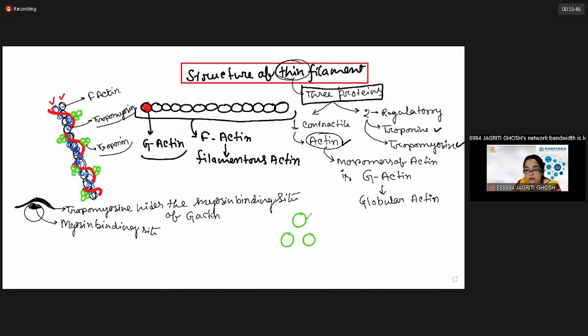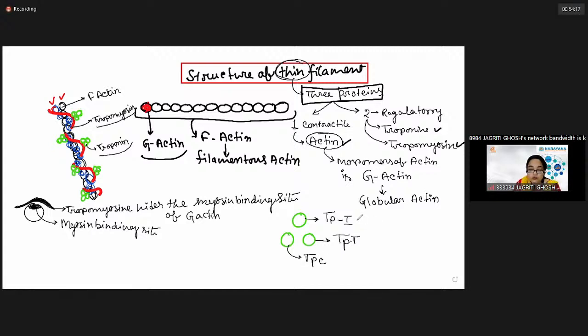One is called TPI, TP for troponin. One is known as TPT, not your DPT, TPT. And the third one is known as TPC.